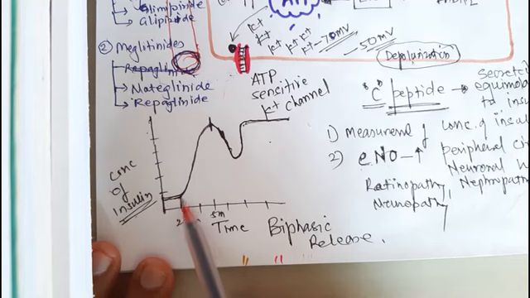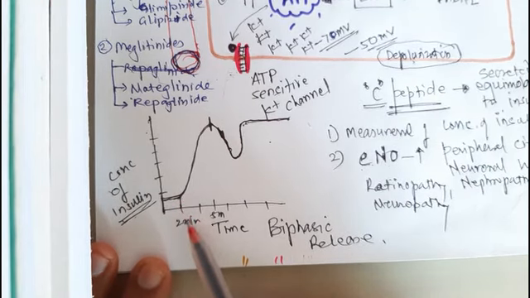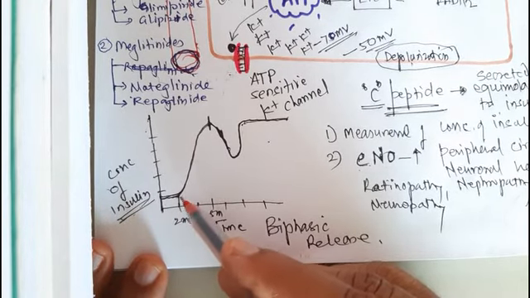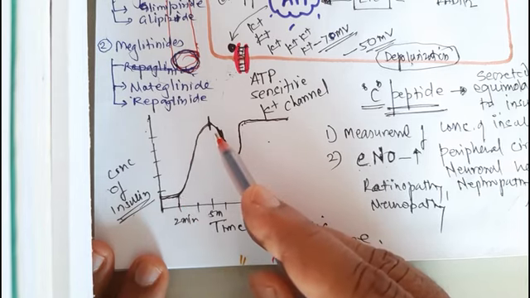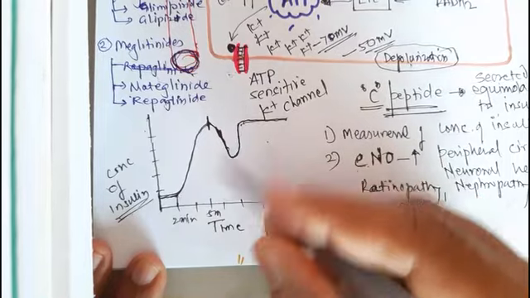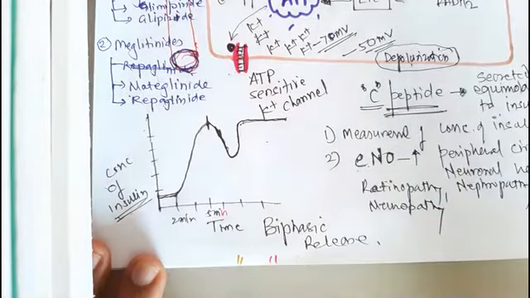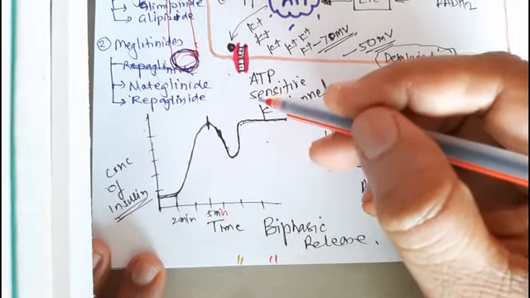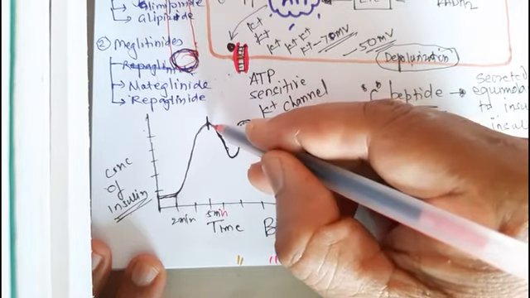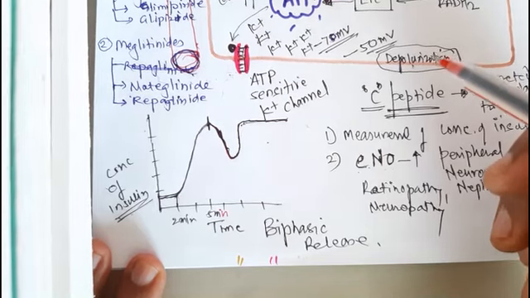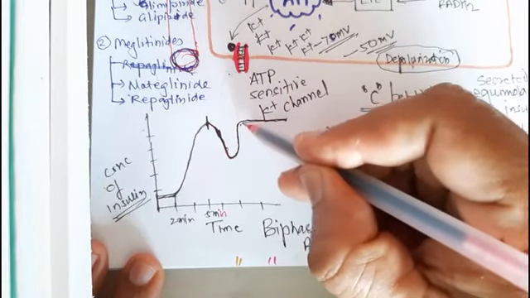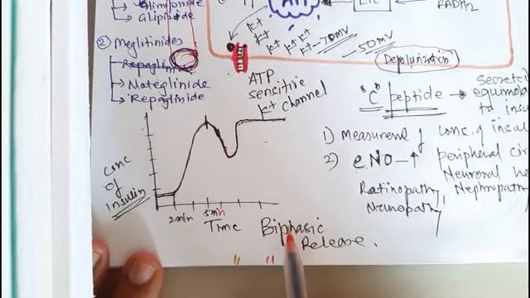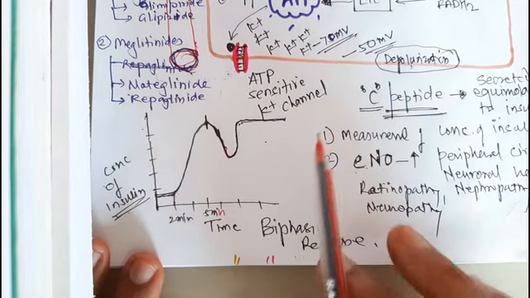After the increase in the level of sugar in the blood, within 2 minutes insulin starts secreting, and its level increases and goes to a peak at around 5 minutes after ingestion of glucose or carbohydrate meal. Then the level decreases afterward, and again it increases after some time. So this is called a biphasic release of insulin from the beta cells of the pancreas.